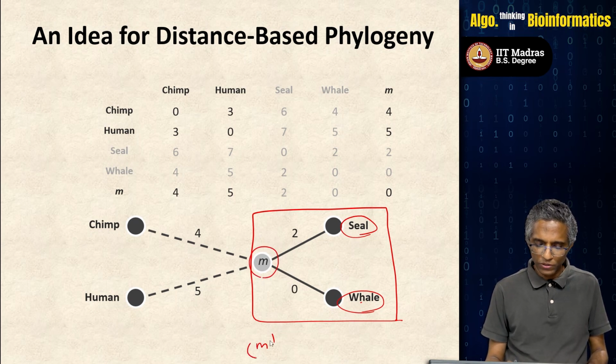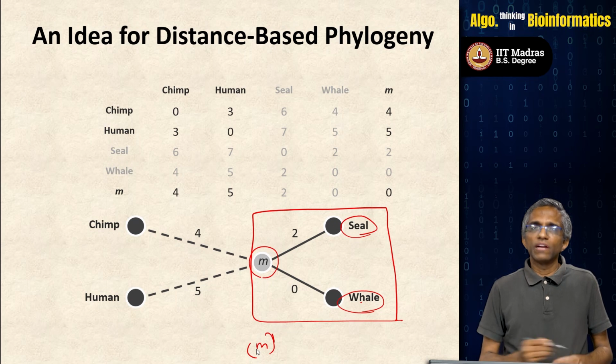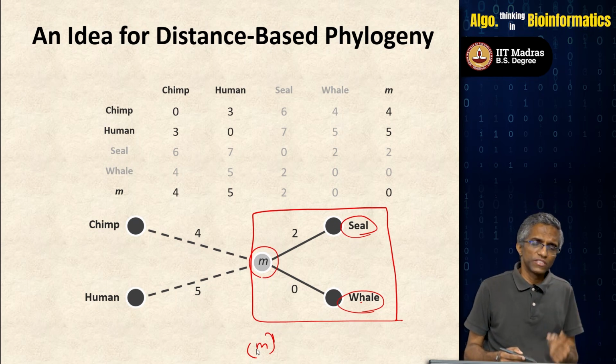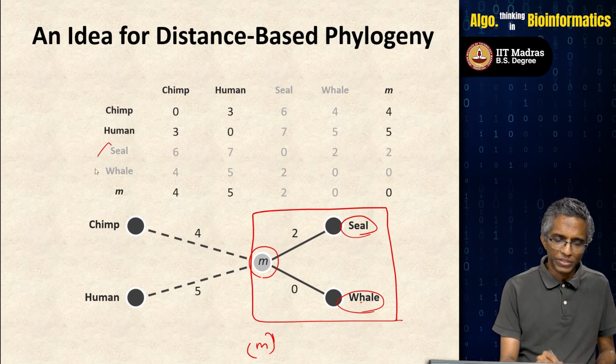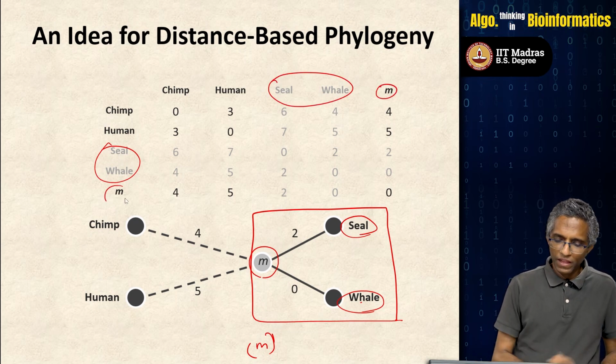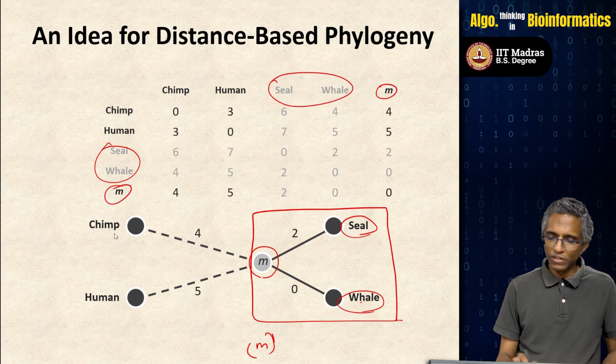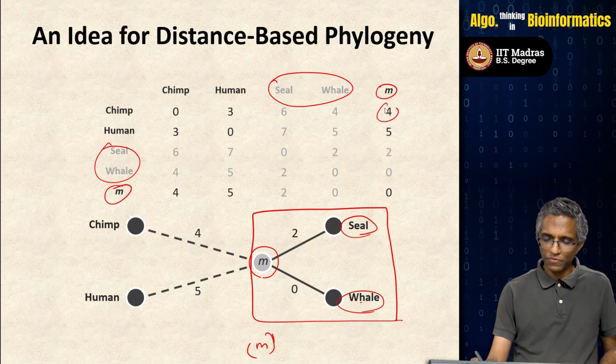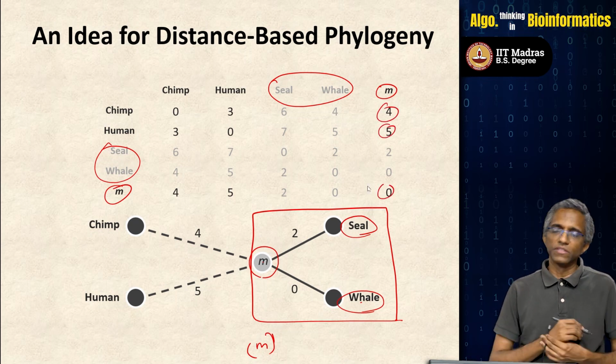Actually I can call it M also, and then now I have a new distance matrix where seal and whale have been removed and the new node M has been added, and from M I know the distance to every other node: it is 4 to chimp, 5 to humans and 0 to M itself.